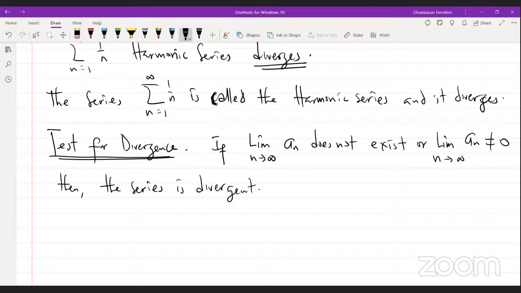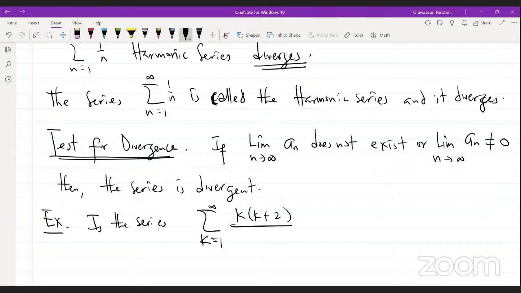This would be good to show you with an example. You have a series like this one, with k plus 2 in the numerator. This is not a geometric series, so you don't have to think about geometric series right now.